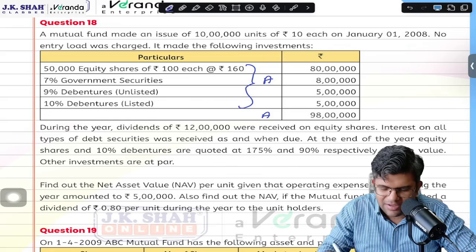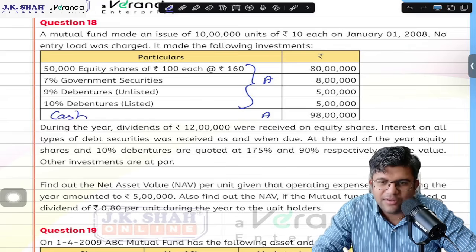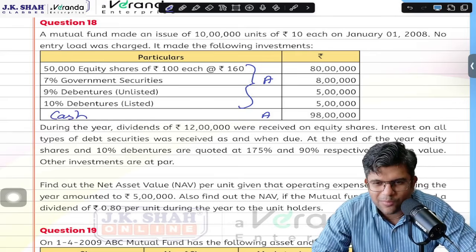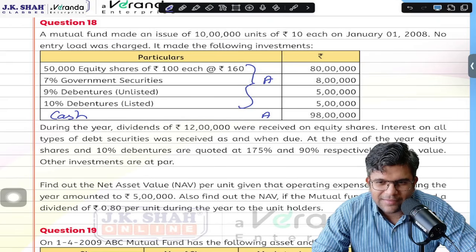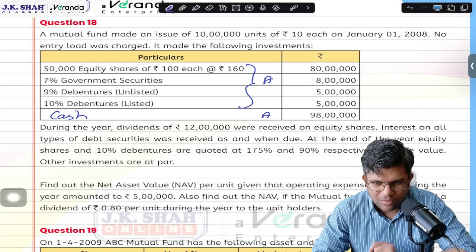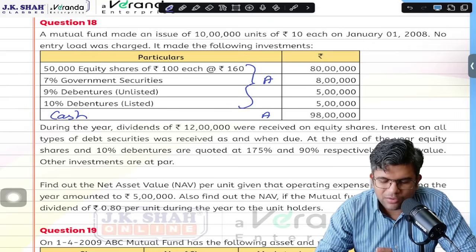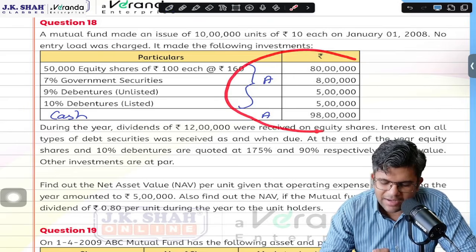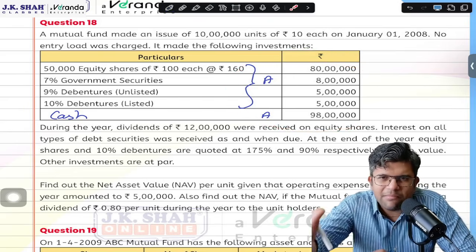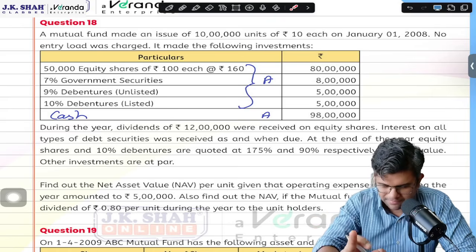Cash, very, very good. Everyone give me cash on chat box. Did you understand what I'm telling you? Everyone clear? Now, if you have scanned the question, there is no liability. So it is just the market value of assets divided by number of units that will give you NAV. Give me a why.